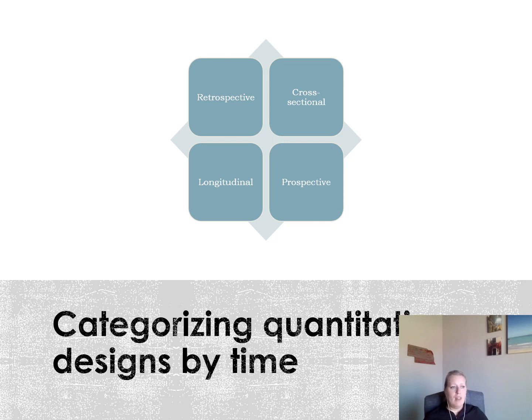Cross-sectional is just one moment in time that you look at, okay? Longitudinal is when you look at multiple time points. So that study that I did with pregnant women where I collected blood throughout pregnancy and in the cord blood and in the baby, that's a longitudinal study because I wanted to see levels over time.